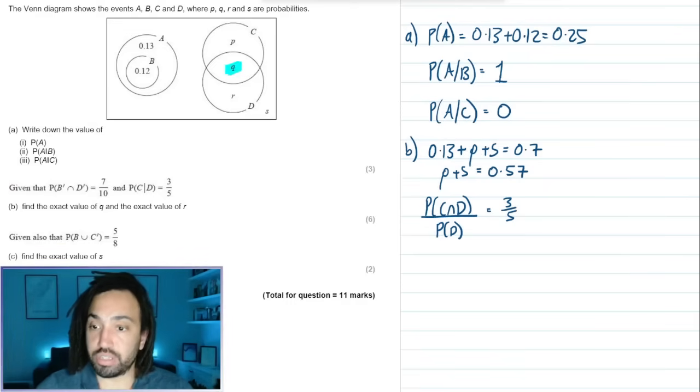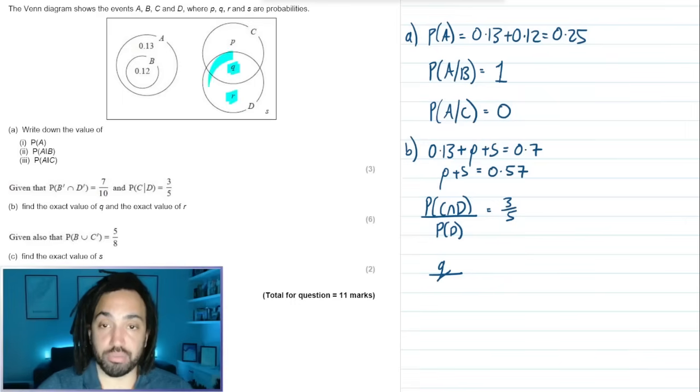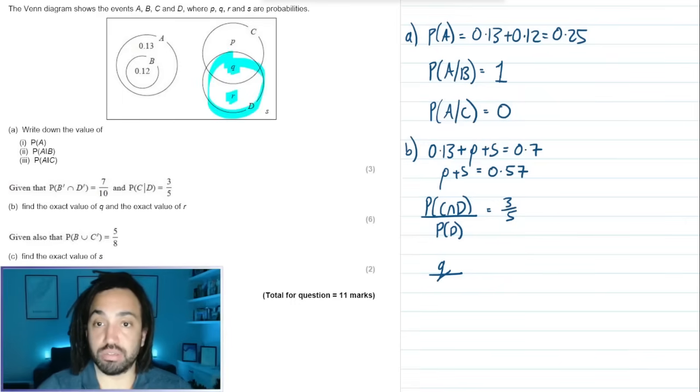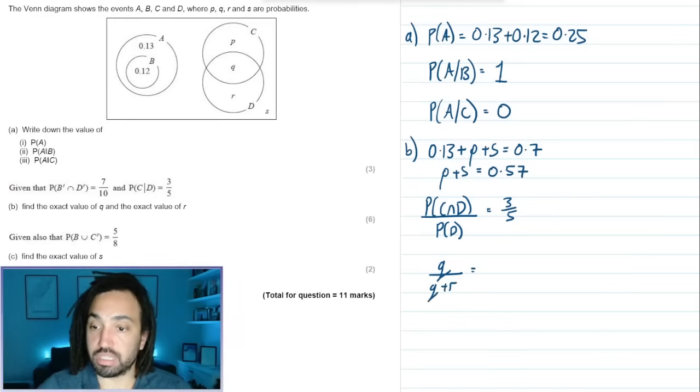Here at Q. So that is just Q over the probability of D, which is R and Q make up the whole of the D circle. Okay, so that's R plus Q, or Q plus R. And that's equal to 3 over 5.